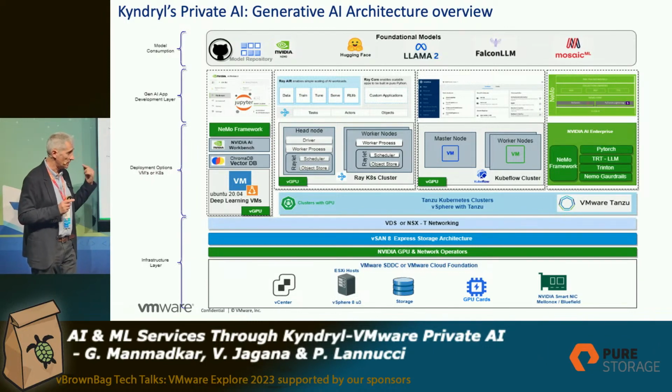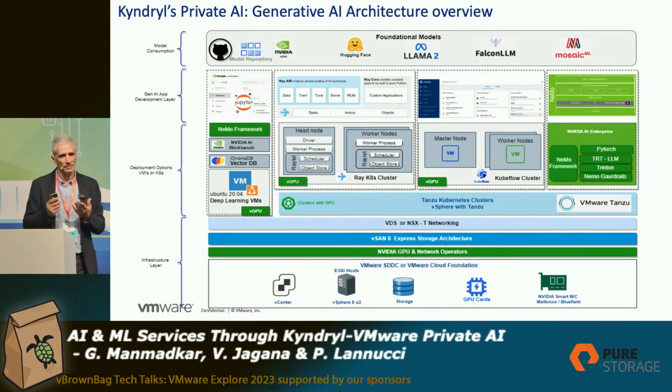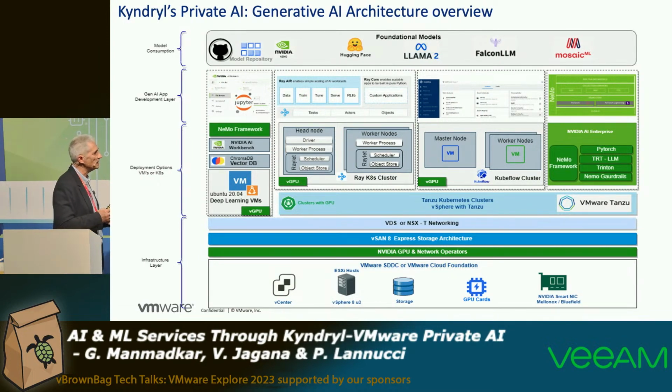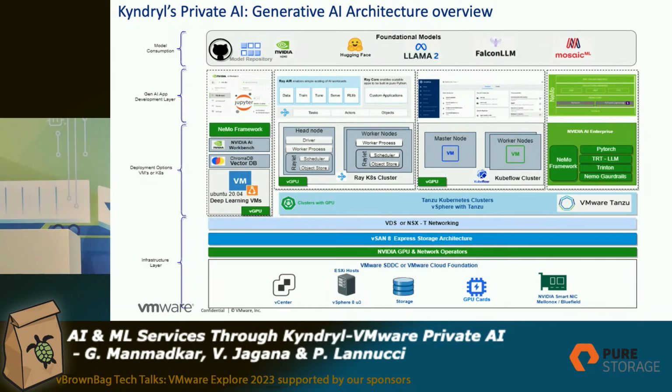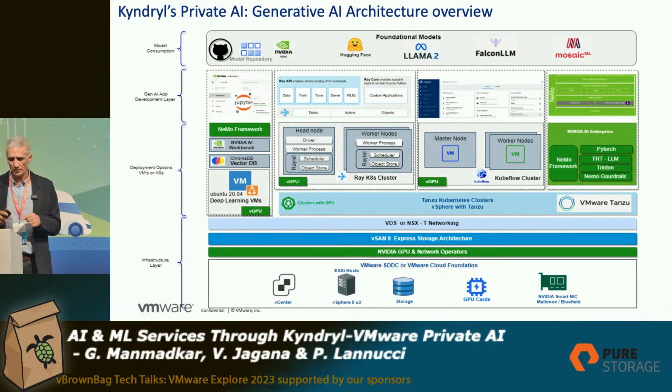The other way that we recommend is to use Tanzu, so to use containers. The reason behind that is that containers are more scalable, right? And so are better suited for parallel processing, especially for Gen AI applications. So in this case, vSphere with Tanzu is enabled to take advantage of the GPUs, right?